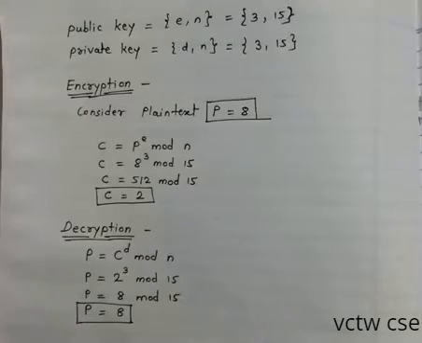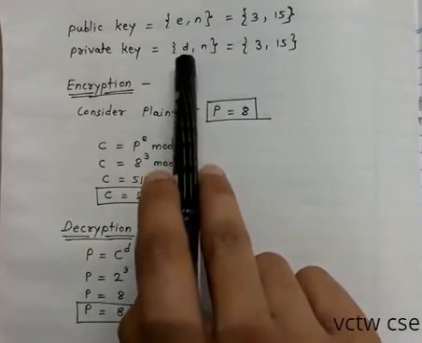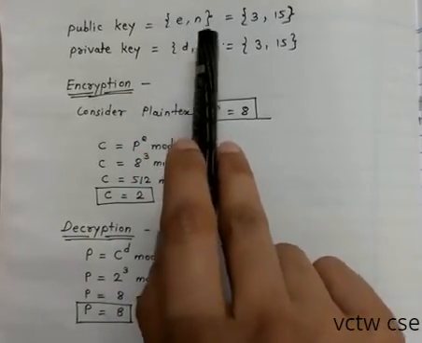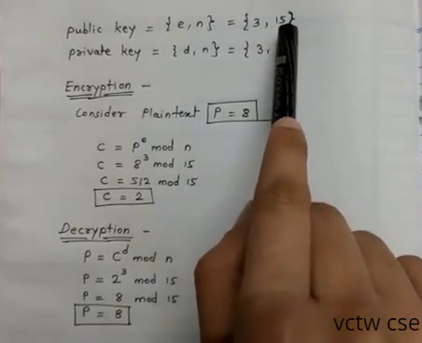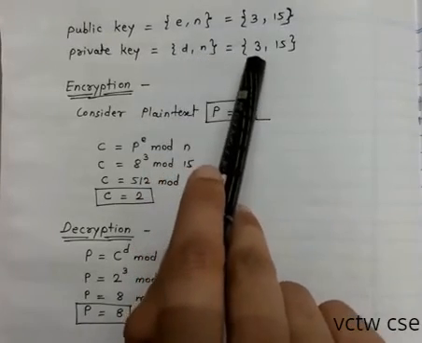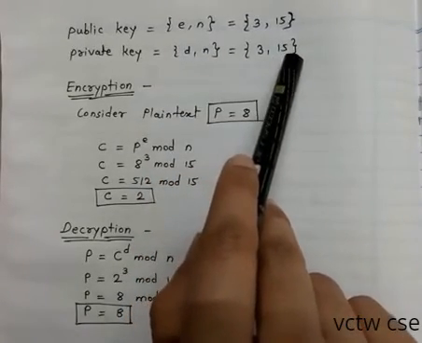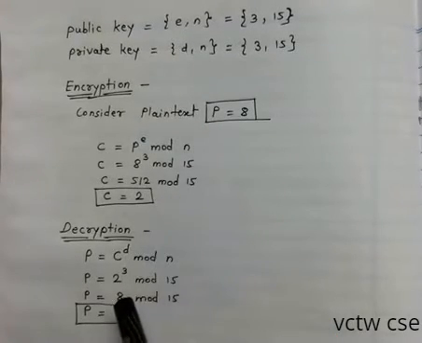So here we now have the public key and private key, E and N, and D and N. We have calculated these values: the public key E and N, that is 3 and 15, and the private key D and N, that is 3 and 15. Now we can go to the next step, that is encryption and decryption.